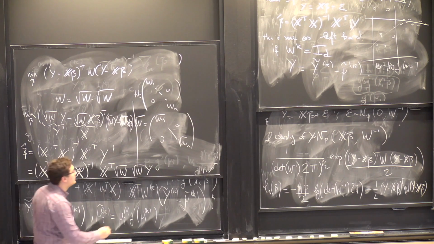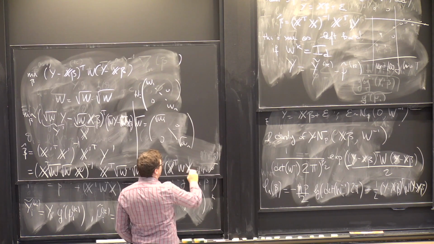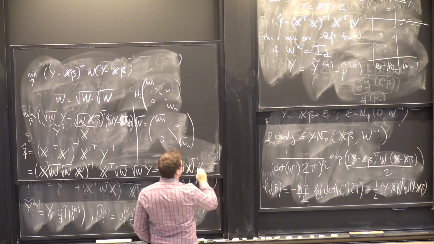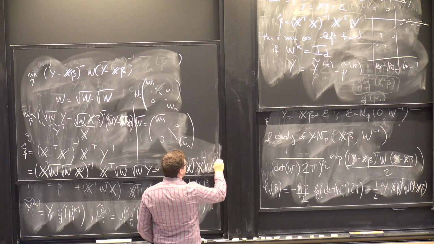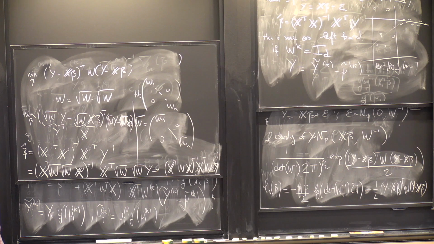And that's exactly what I wanted. I'm left with (x transpose w x) inverse x transpose w y. Okay? So that's a simple way to take into account the W that we had before.